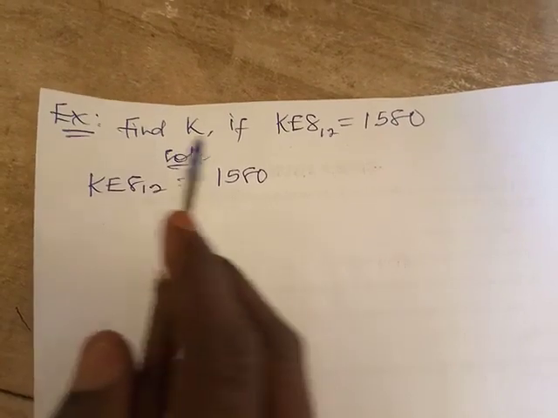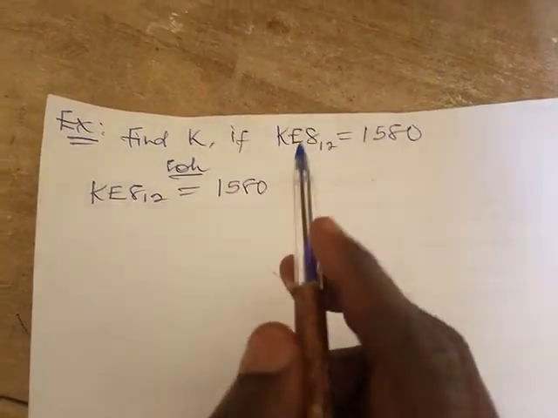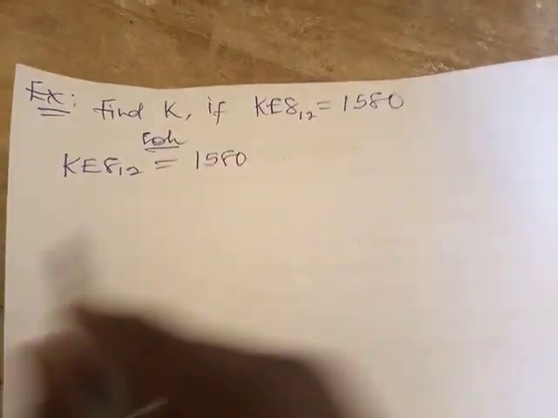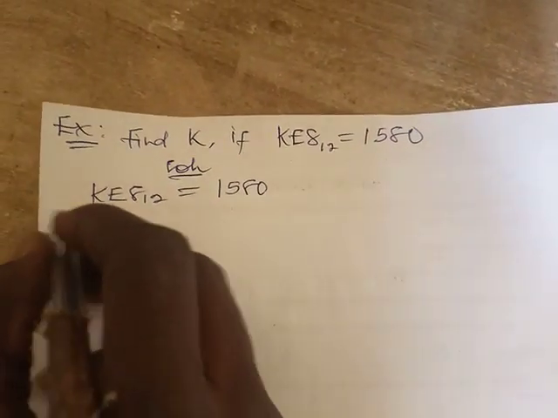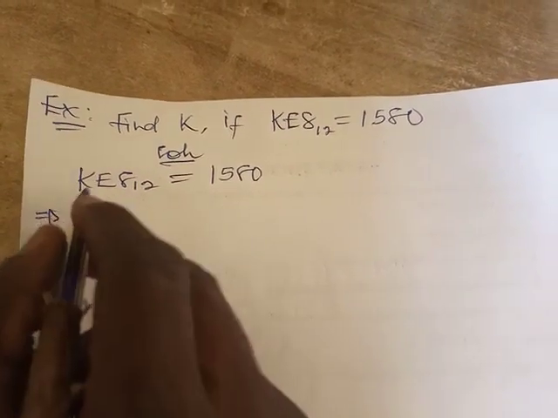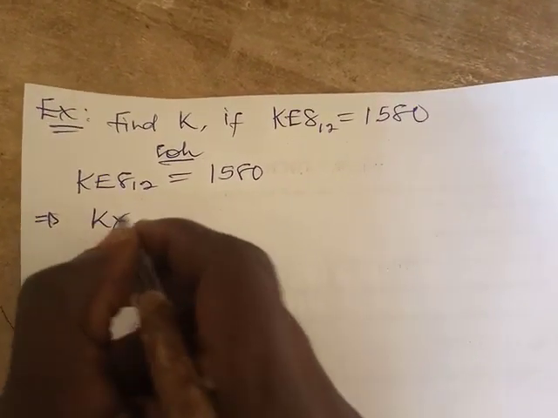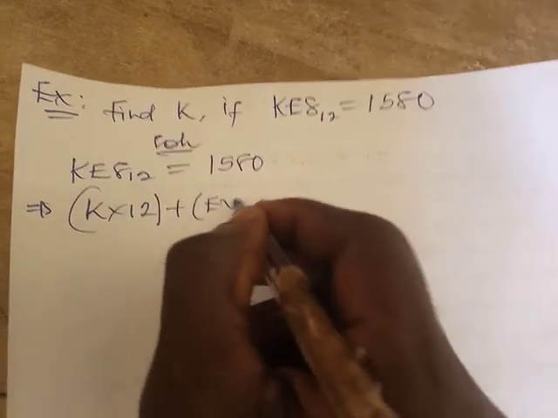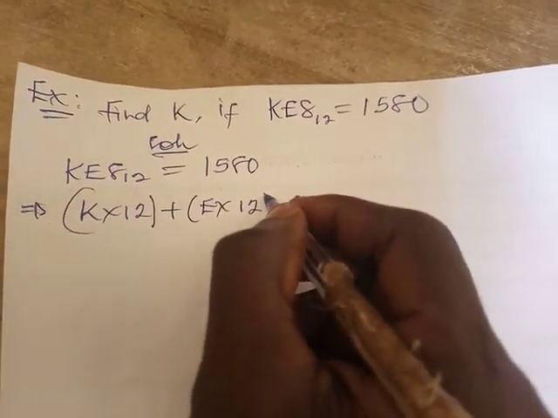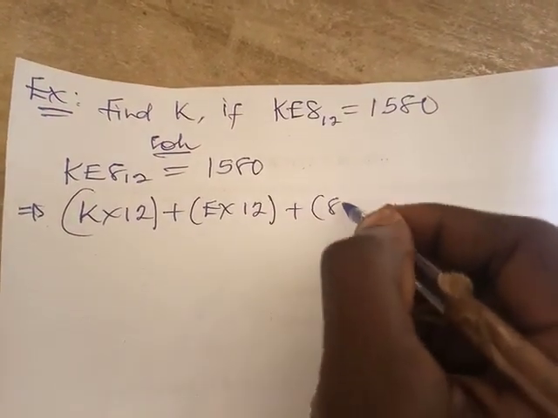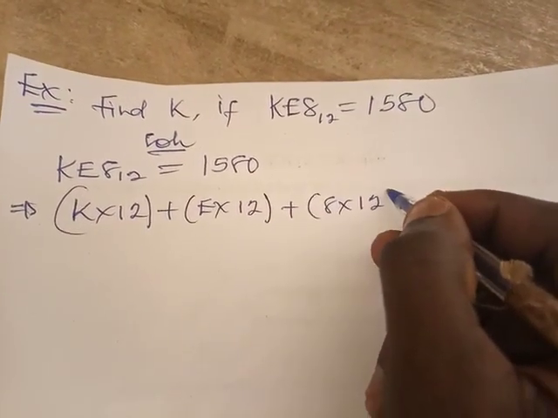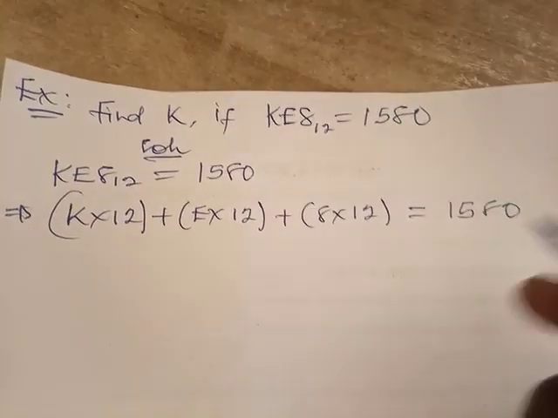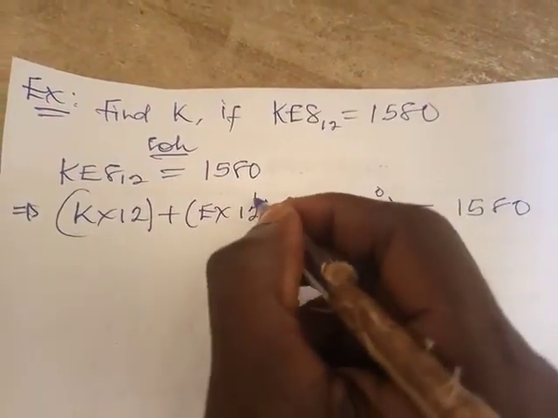Now the next example is, we are going to find k if ke8 base 12 is equal to 1580. So let's go. So I change the whole of this to base 10. So let's go 0, 1, and 2.